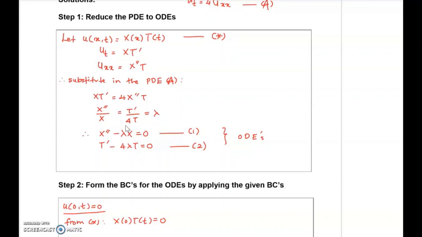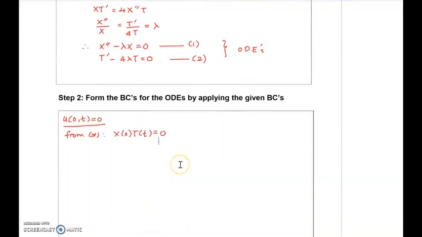The left hand side is u, which is 0, and on the right hand side when x equals 0 we have X(0) T(t). By looking at this equation, we know that T(t) cannot be 0.